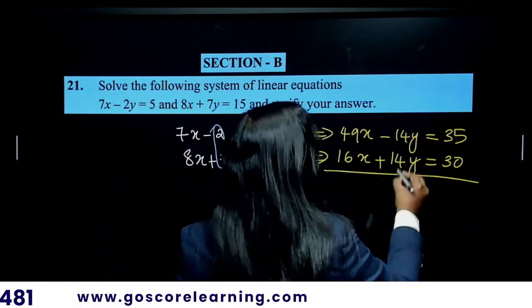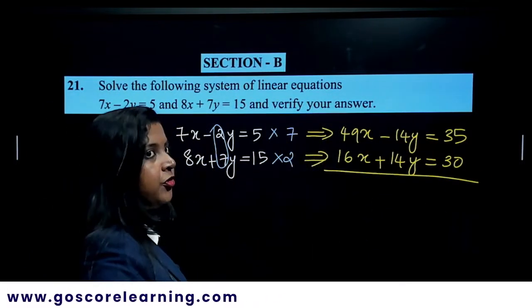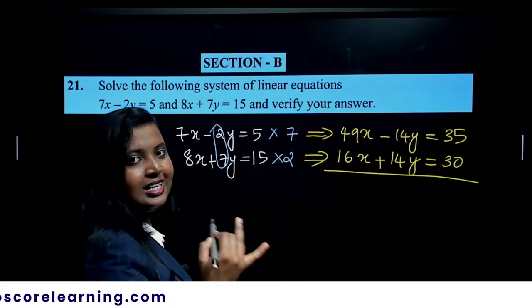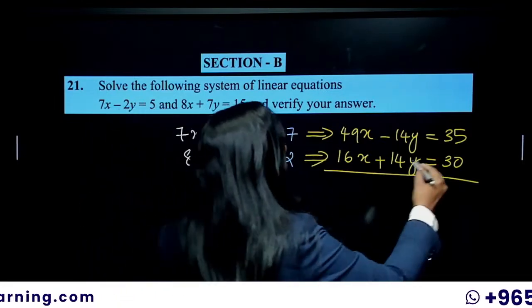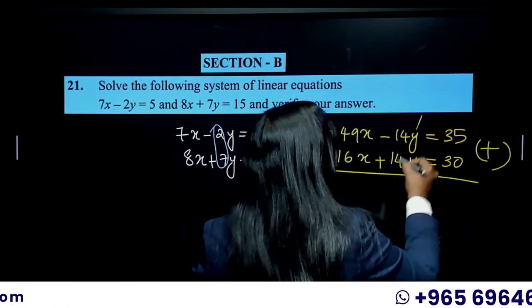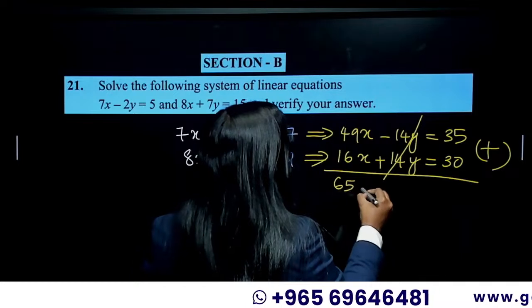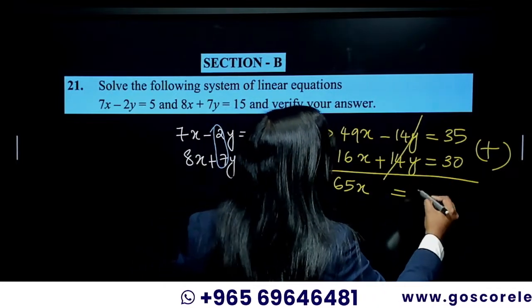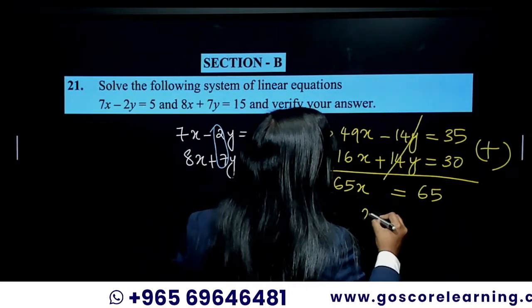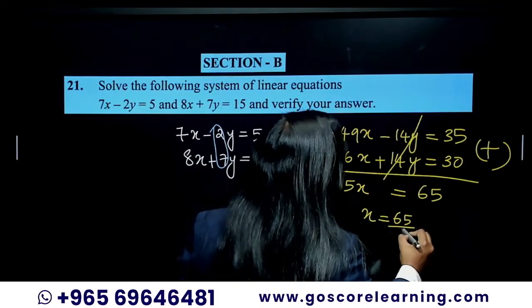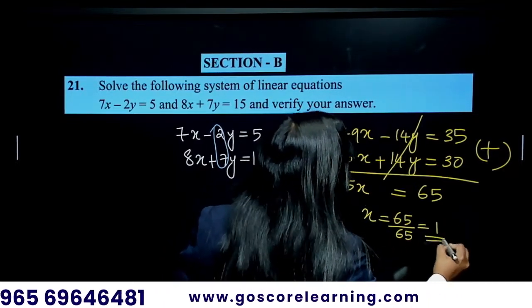So when you subtract these two equations, minus 14y and plus 14y cancel. Then 49 and 16 is going to be 65x is equal to 35 plus 30, which is 65. So x is equal to 65 by 65, which is equal to 1. So x is equal to 1.